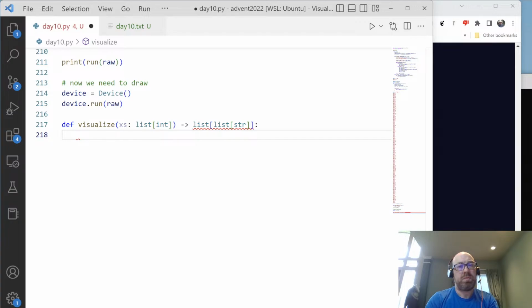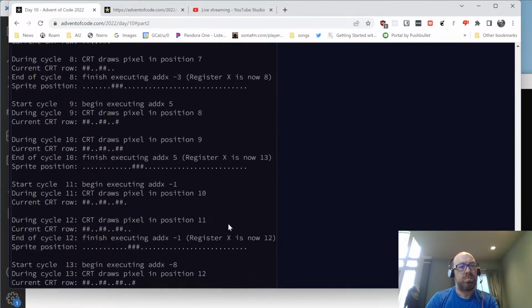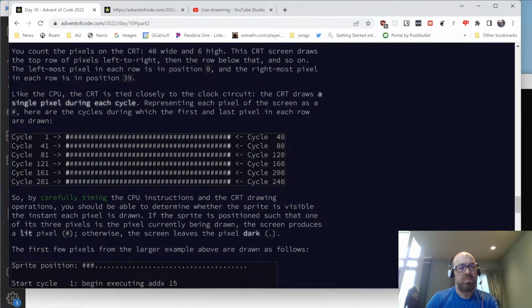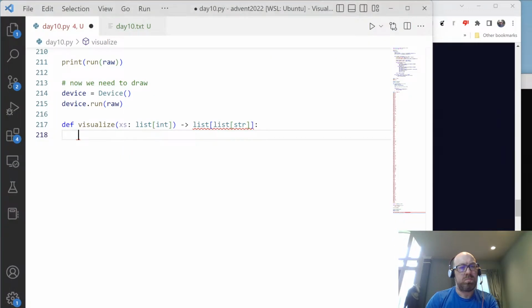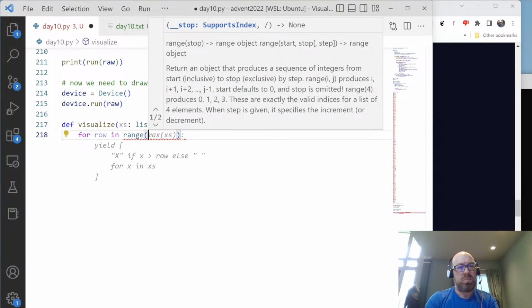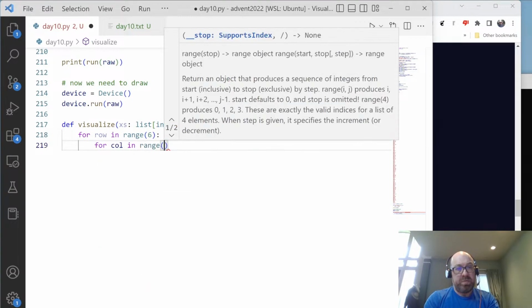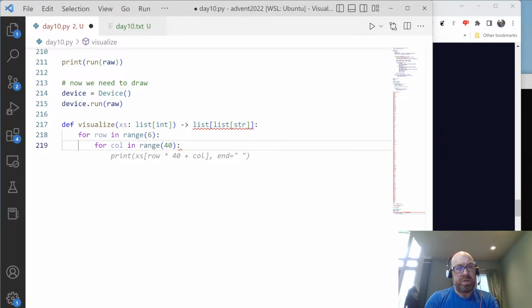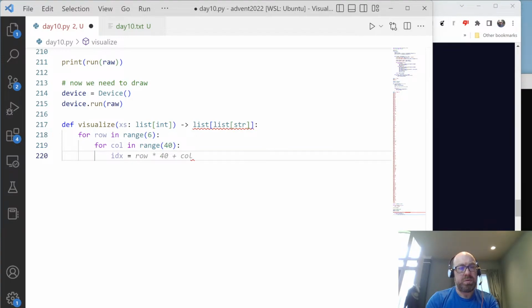And then, for row in range 6, for call in range 40, index equals row times 40 plus call.